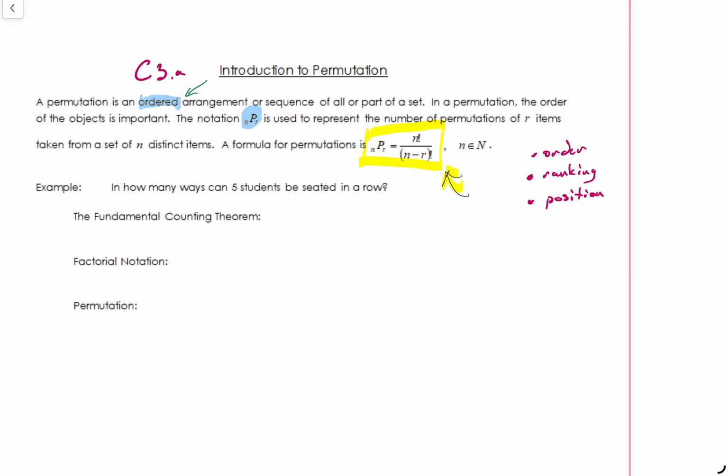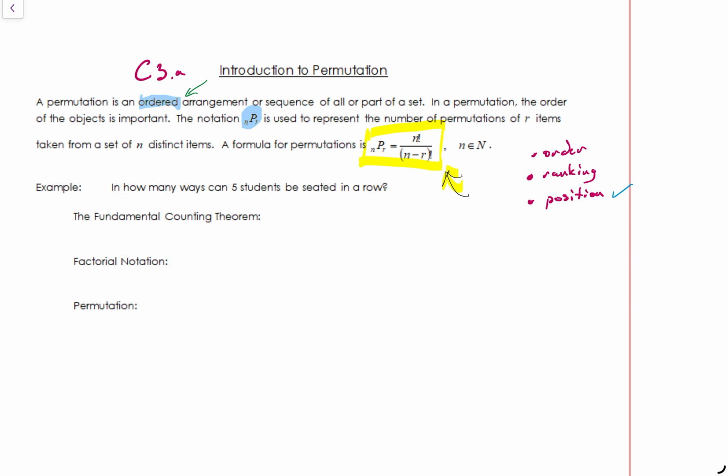So for instance, if you are hiring a CEO and a vice president, those are positions. That would be a permutation, because if Sally is the CEO and Bob is the VP, well, that's different than Bob being the CEO and Sally being the VP.